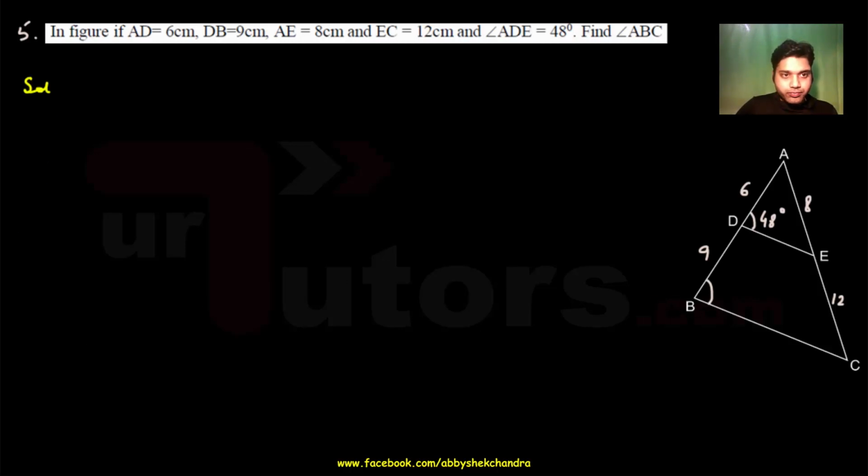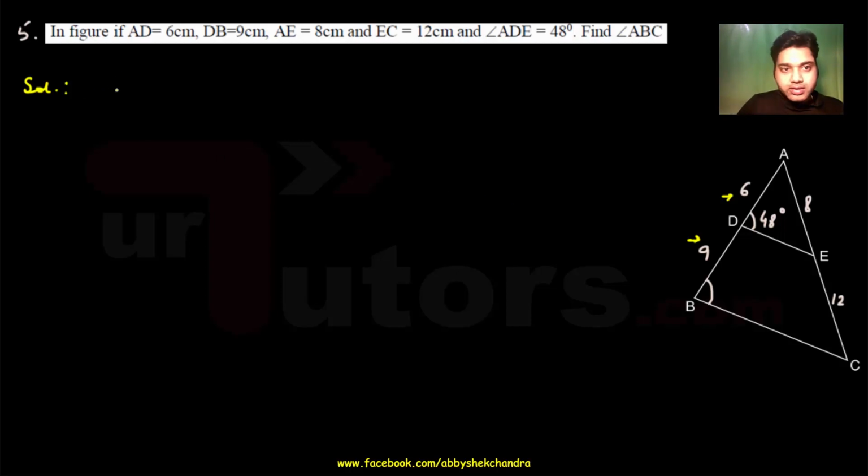Okay, so do you notice something? This is 6 and this is 9, right? So if we take the ratio AD by DB, we get 6 by 9, which is 2 by 3. And if we take the ratio AE by EC, we get 8 by 12, which is again 2 by 3. So they are equal, which means we can use one of the theorems we have learned.